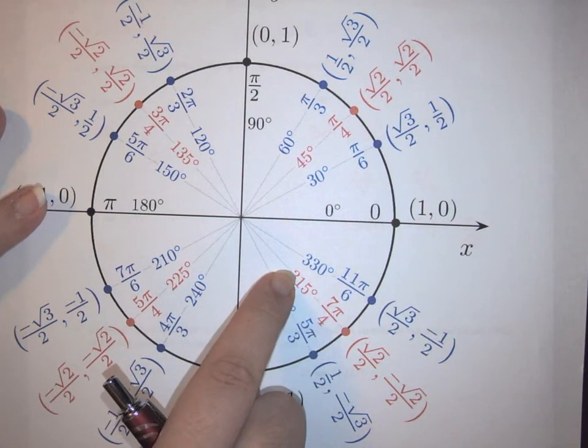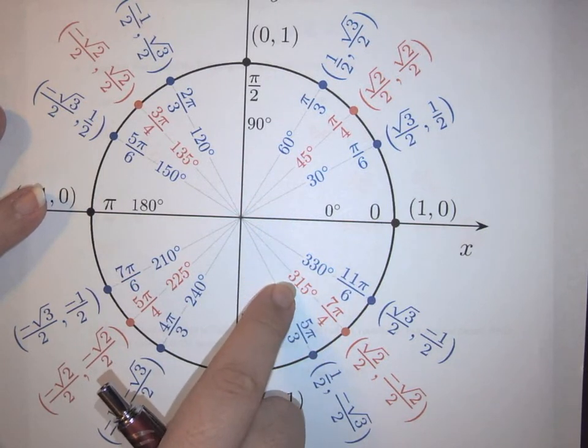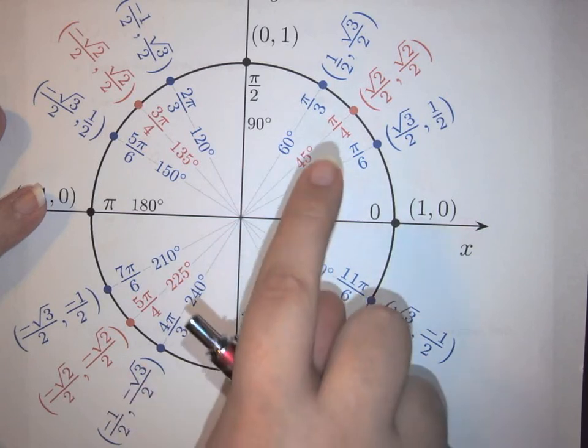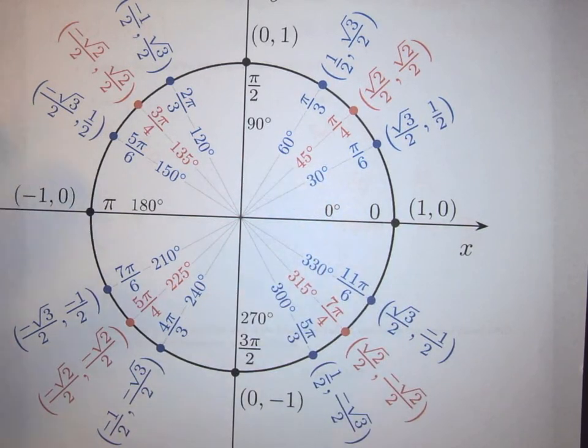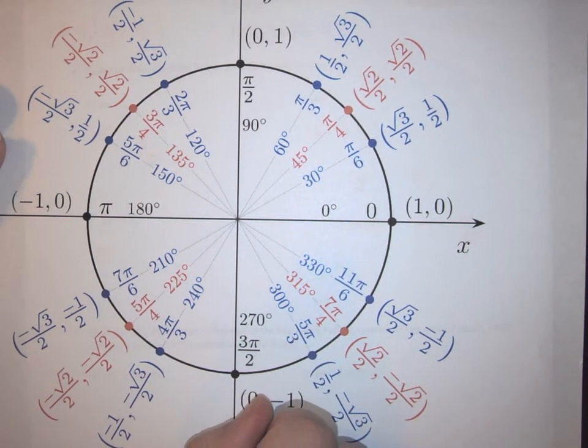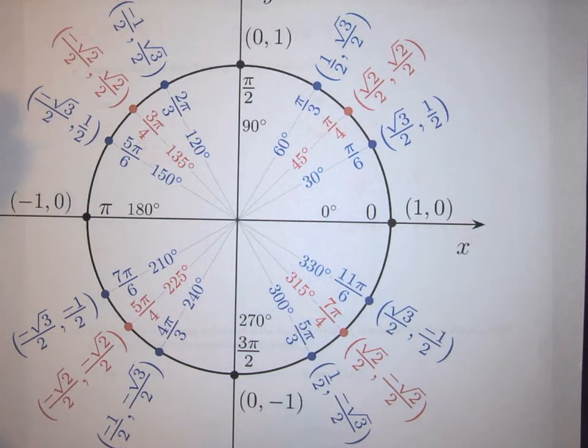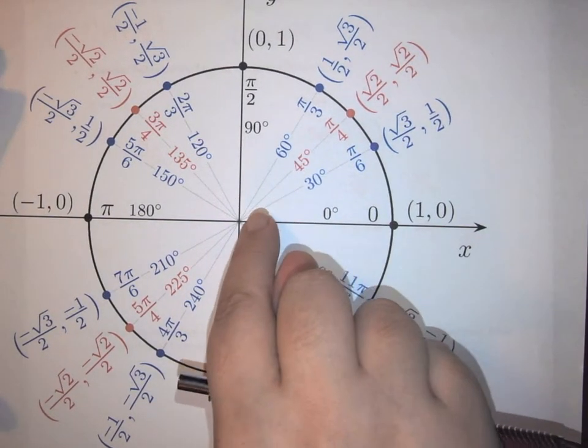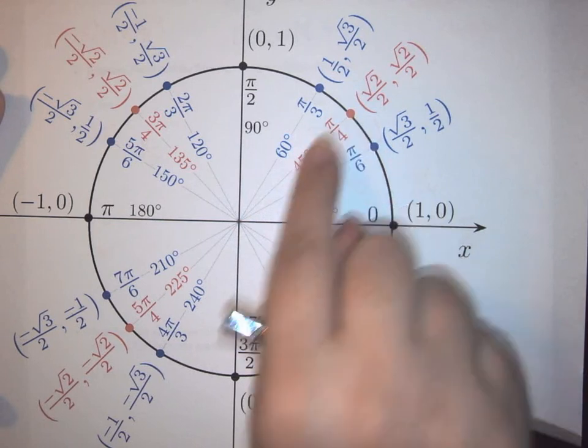However, please don't get confused. I'm not actually talking about 315. I'm talking about 45, which means instead of this being 7 pi over 4, we're actually looking at a negative pi over 4. Now, that can be really confusing for a lot of people, so what I like to say is this. Stick with what we know.